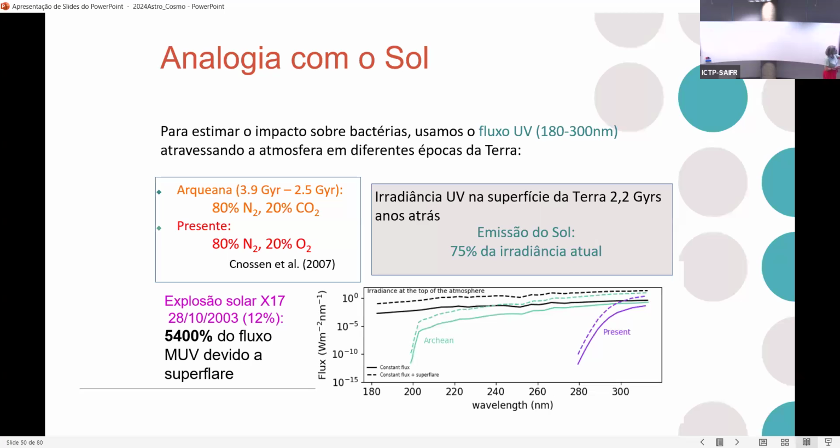And the strongest flare that we detected on the sun, with all the satellites here on Earth, 20% of that flux came out as ultraviolet. And the sun was 75% less bright than it is today.